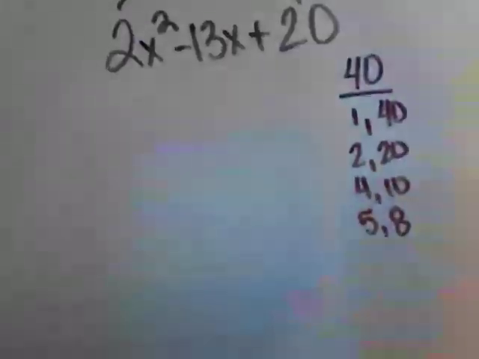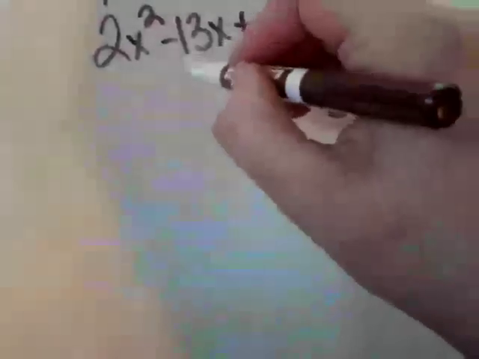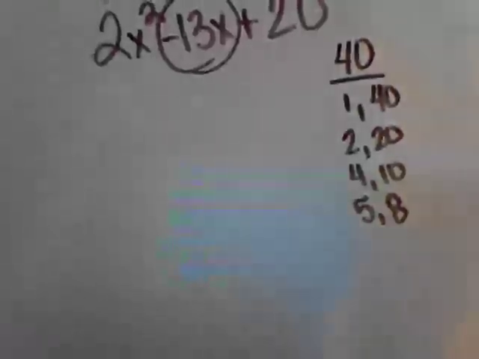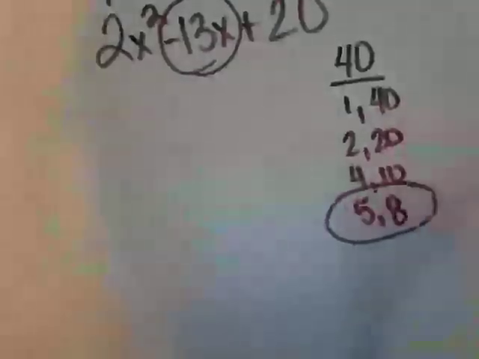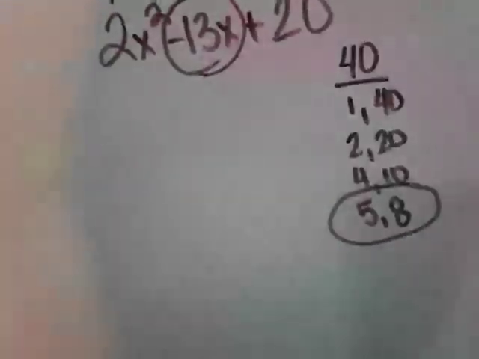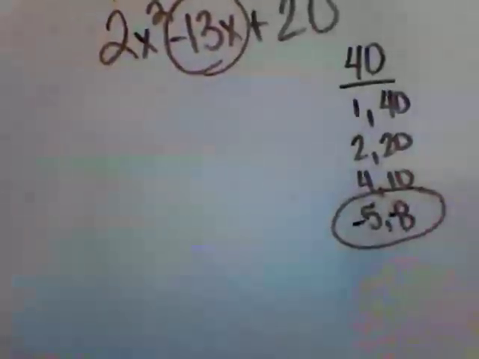Okay, so if these are our factors of 40, remember we're looking for the pair that's going to combine to give me a negative 13. Well, there's actually only one pair here that's going to combine to give me a negative 13, right? And it's the 5 and the 8. But if I want those to combine to be a negative 13, both the 5 and the 8 have to be negative, right?